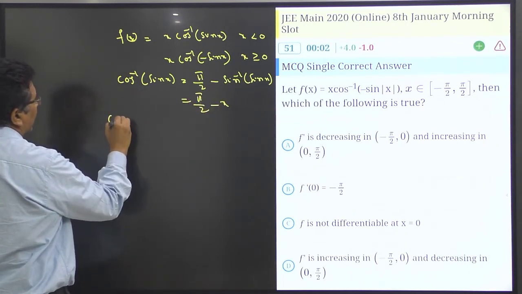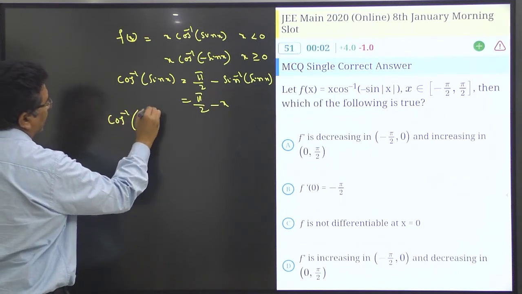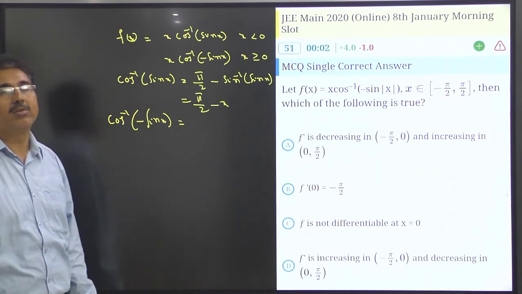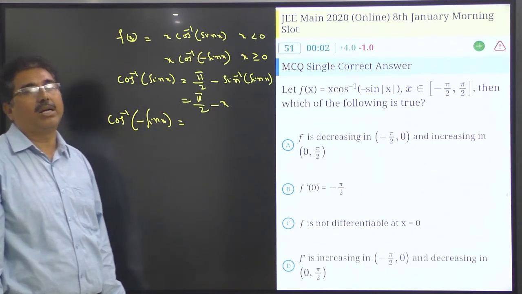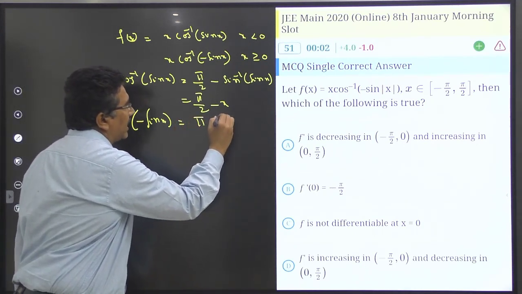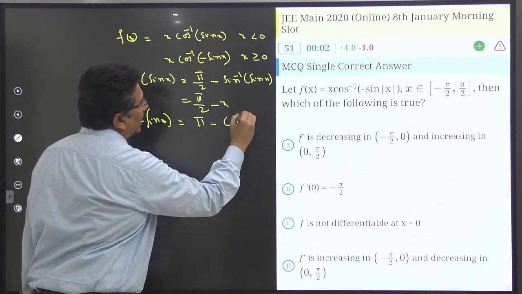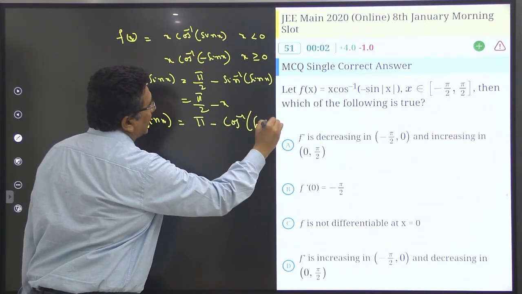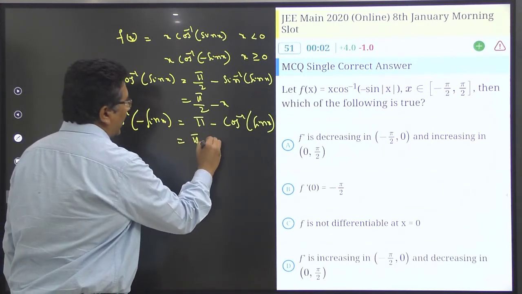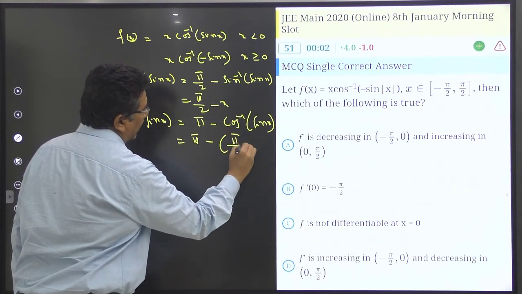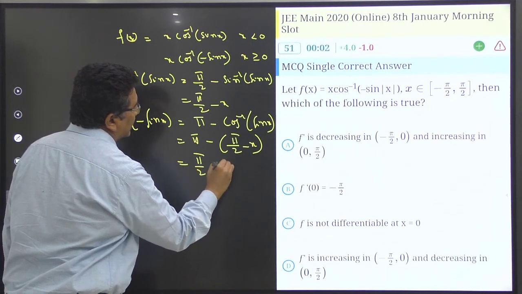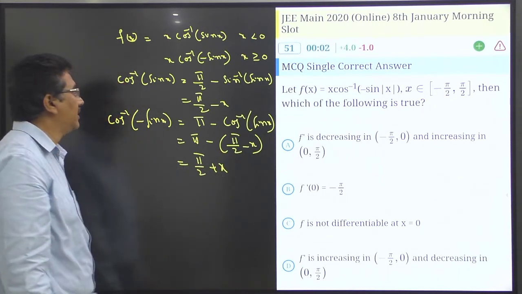Now, what is cos inverse of minus sin x? Cos inverse of minus x is equal to pi minus cos inverse x, so cos inverse of minus sin x equals pi minus cos inverse of sin x. Cos inverse of sin x is pi by 2 minus x, so that is equal to pi by 2 plus x.